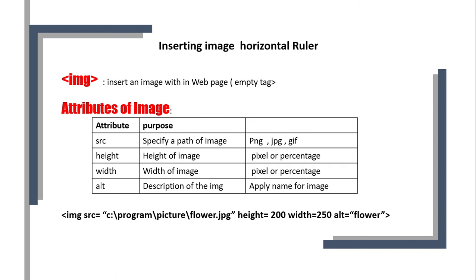Suppose in your computer, in the C drive, we have our own folder, or a 12th standard folder. Within that folder we have one flower file with the extension JPG, and we want to keep that on your web page. So we write down the whole path.